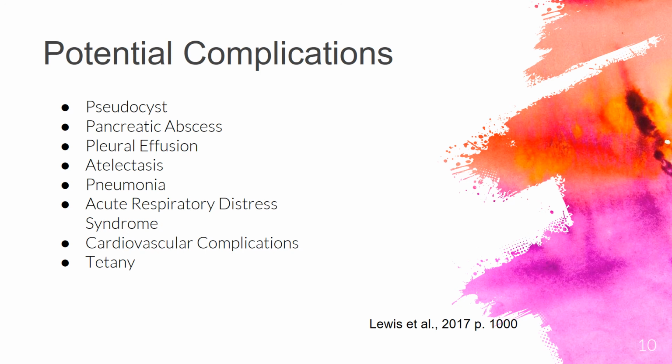These complications are most likely due to the passage of exudate containing pancreatic enzymes from the peritoneal cavity and inflammation of the diaphragm. A patient is at risk for intravascular thrombi, pulmonary emboli, and disseminated intravascular coagulation.